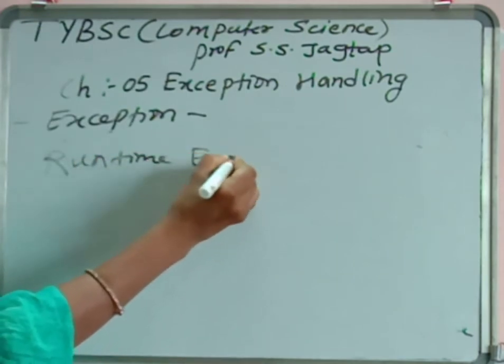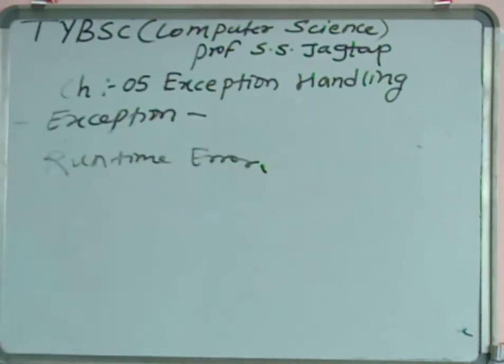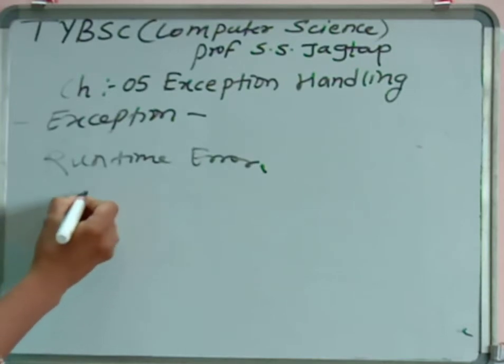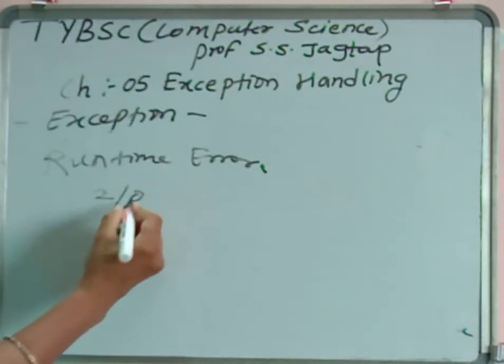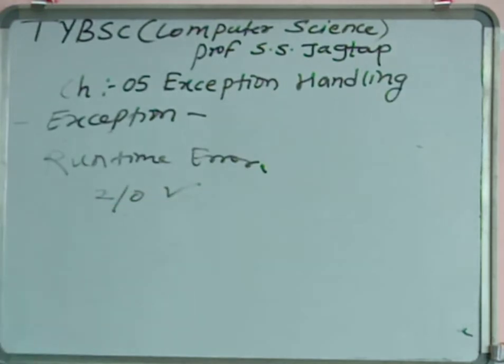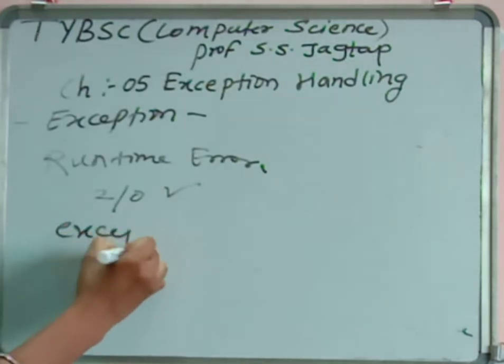Many times it happens that a program compiles successfully, but the program does not run properly. For example, if I divide an integer by 0, this error will occur as a runtime error. For handling such errors, there is exception handling.